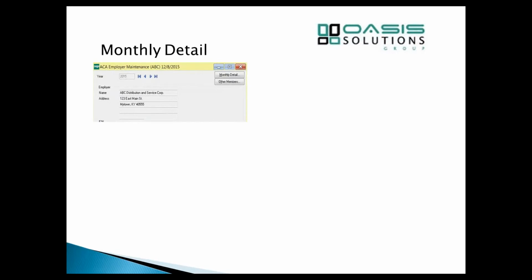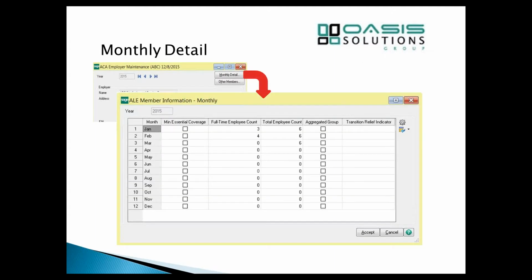In the upper right-hand corner of the ACA Employer Maintenance box, there is also a monthly detail, and this will provide the information about your full-time employee counts. Once you click on that button, you're taken to the ALE member information, and it does list the information monthly.